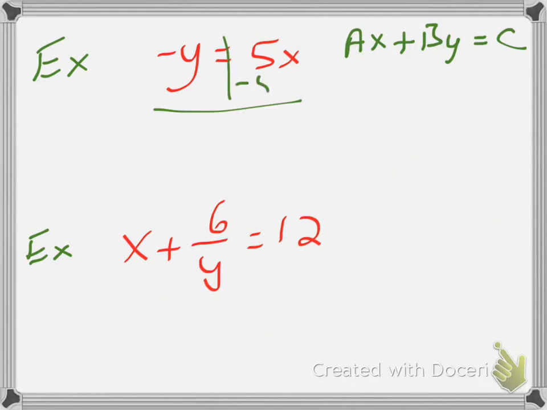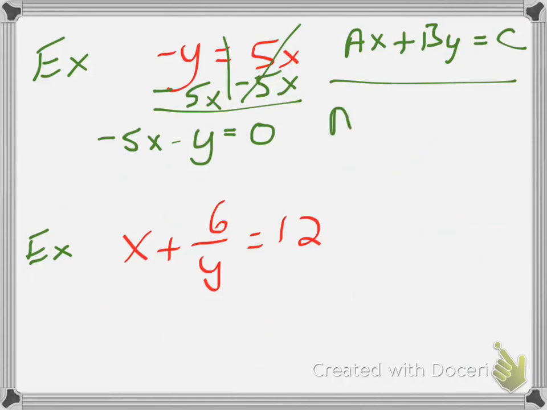So I can subtract 5x, and I would have gotten negative 5x minus y equals 0.